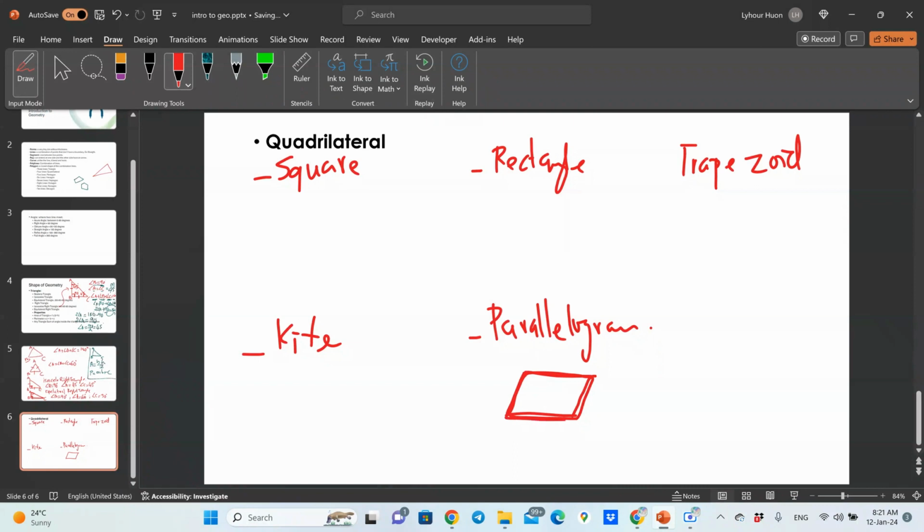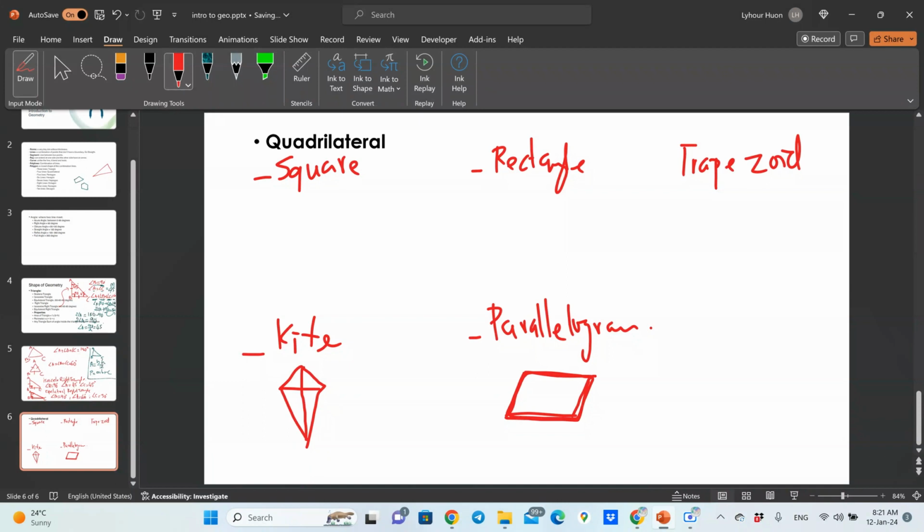How about a kite? It's like a rhombus, but longer. So for a kite, the diagonals are perpendicular, right?